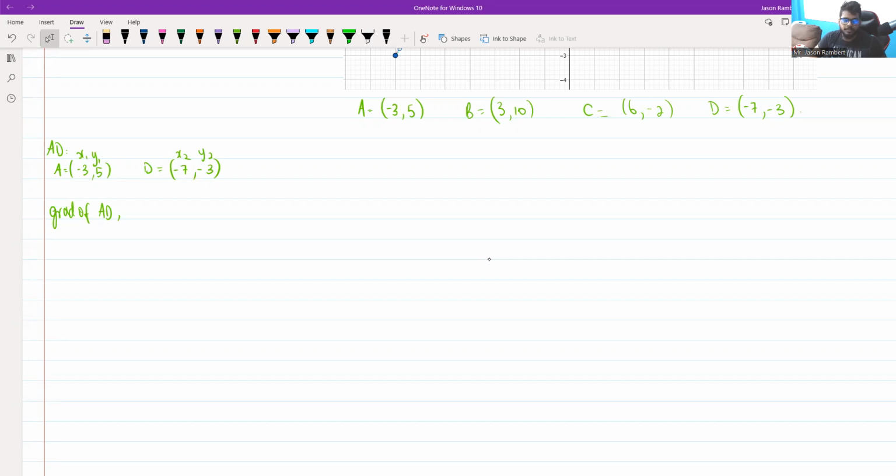Now, for the gradient, there's a symbol, just like we have the symbol for the length of a line, which was the two straight lines.